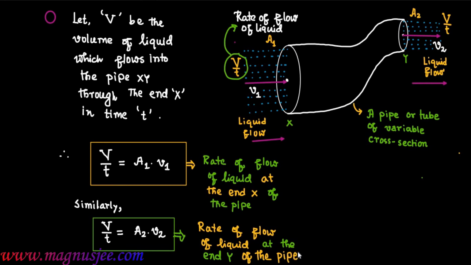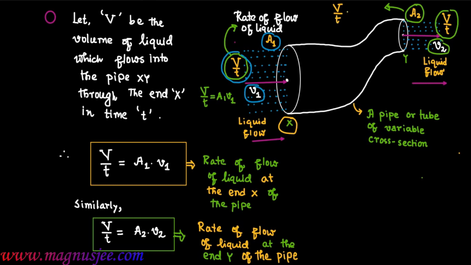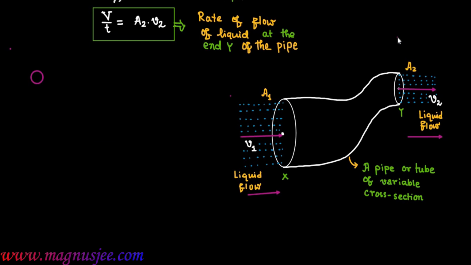In this case, both the rates of flow of liquid will be the same. V by T equal A1 V1 will be equal to V by T equal A2 V2.